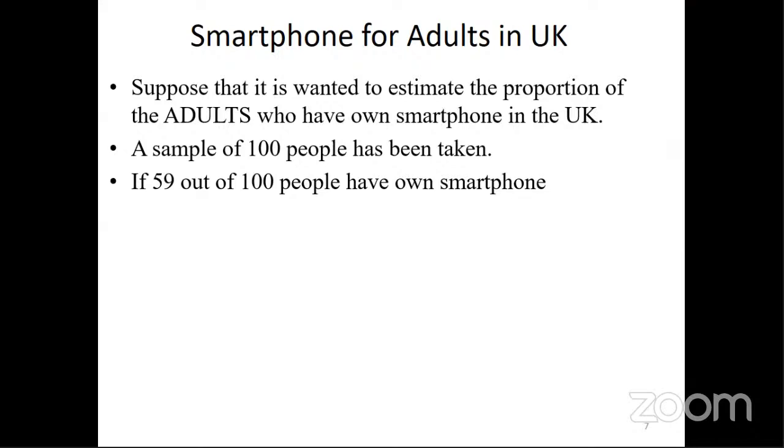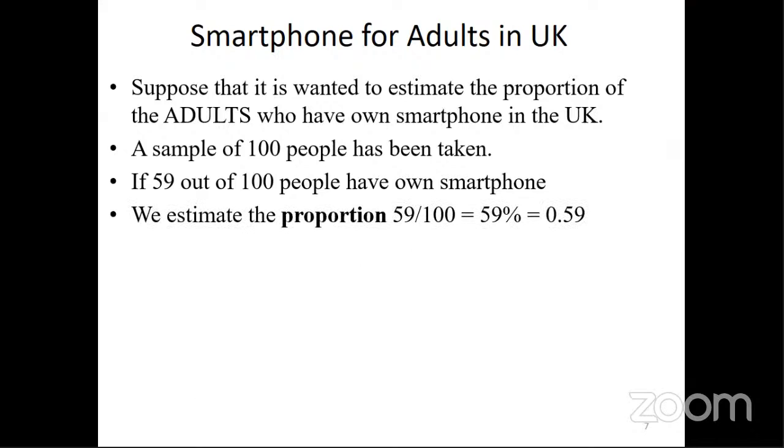We're just going to work on those adults who have a smartphone. So now we can estimate the proportion, which is really important to take out the sample size. 59 divided by 100 means 59% or 0.59.